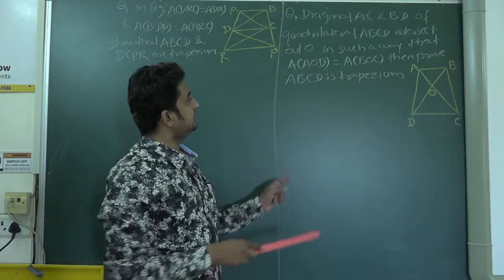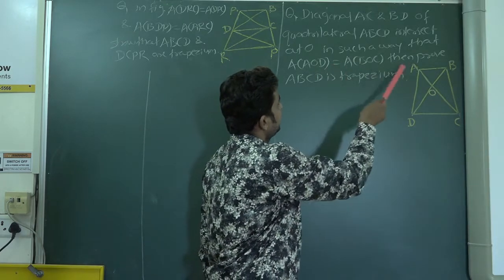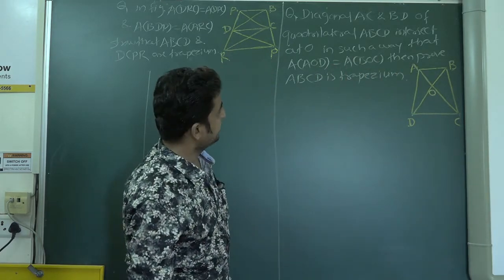If this is so, then we have to prove that ABCD is a trapezium.